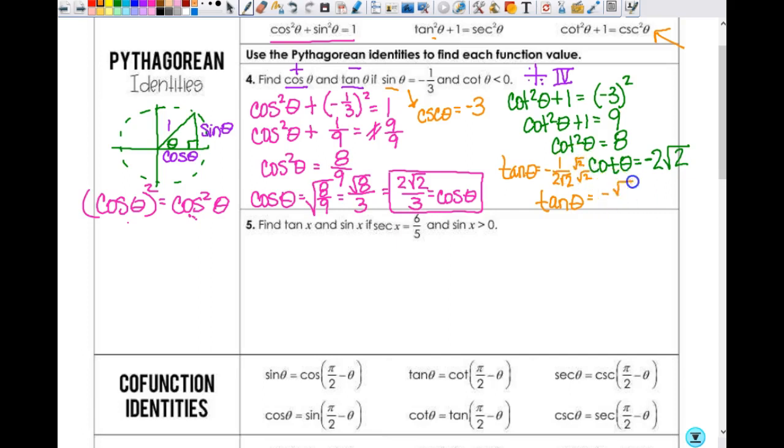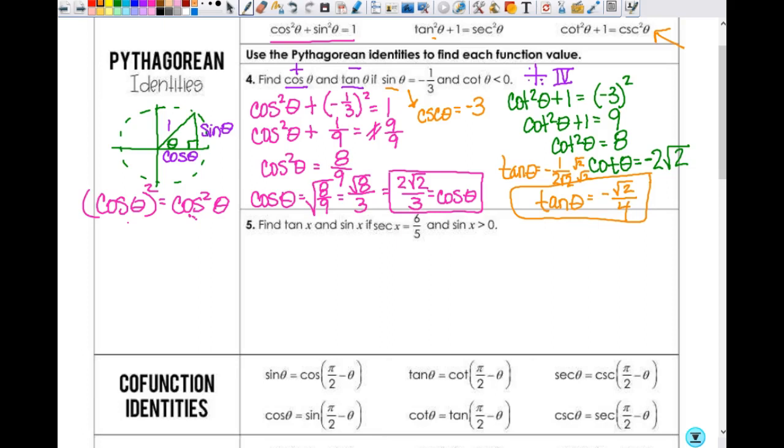So I'm going to get square root of 2 over what? 4. There's my answer. Any questions at all? We got it?